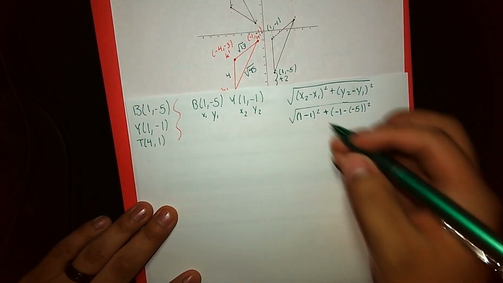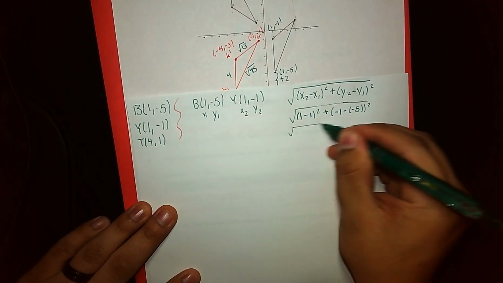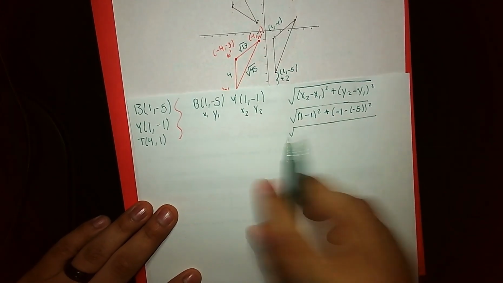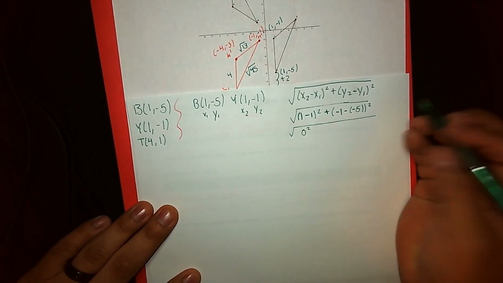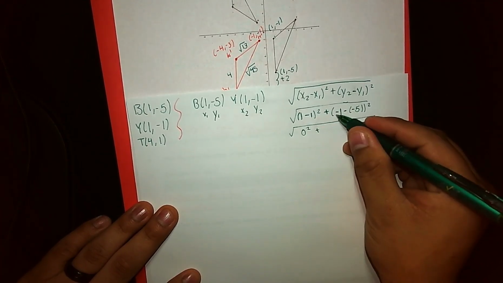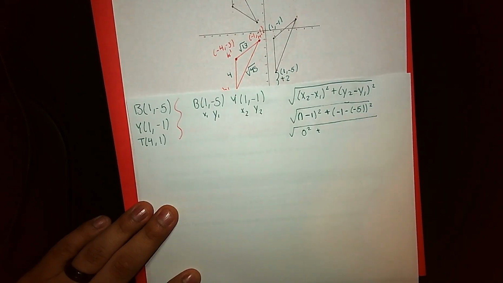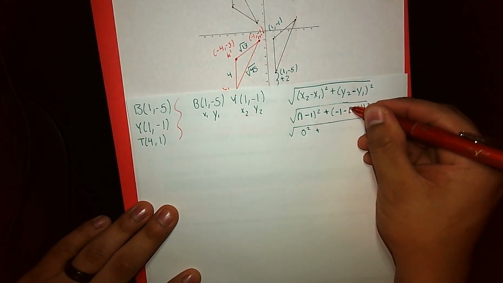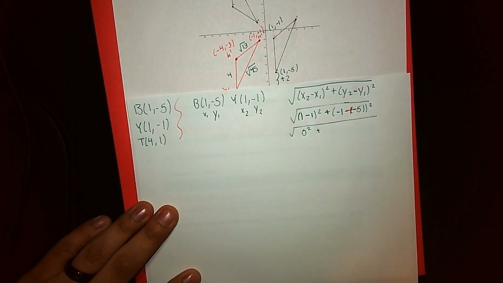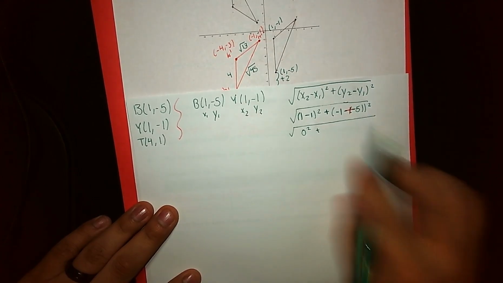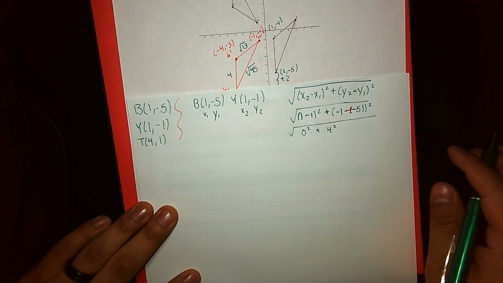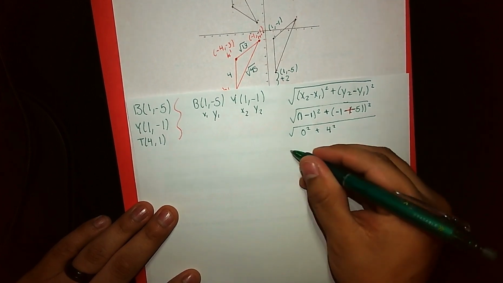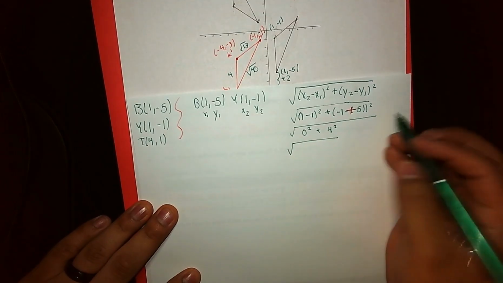All right, so we'll just simplify. 1 minus 1 is 0, so we'll have 0 squared here. And then negative 1 minus negative 5 is the same thing as negative 1 plus 5, and you should get 4 squared. 0 squared is obviously 0, so 4 squared is 16.